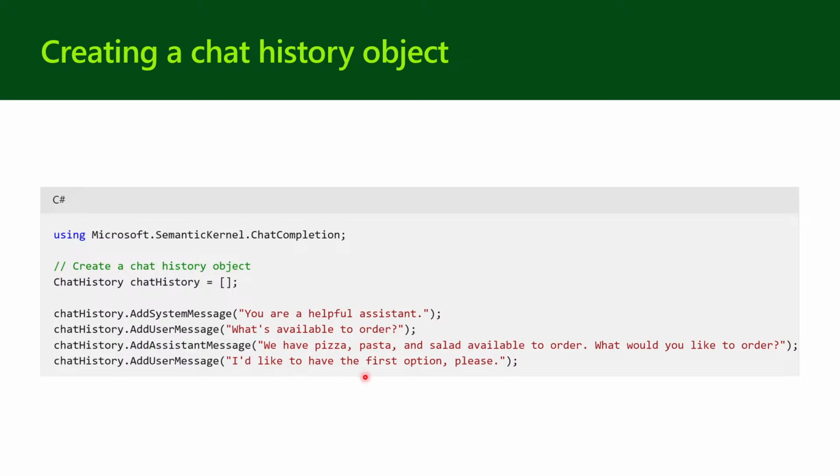Then assistant message is the message that will return from the LLM model. And then again, add a user message: I would like to have first option, please. So you define a conversation at the background in your code. So you can resume the chat from here.